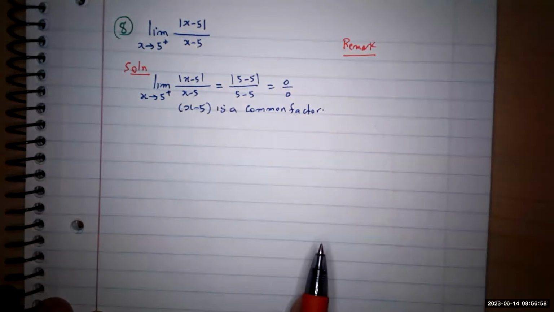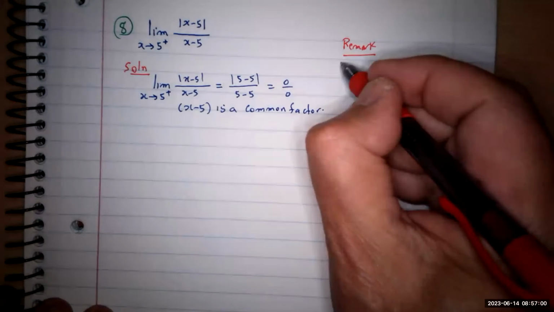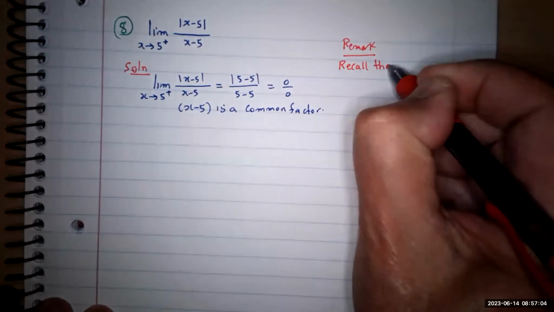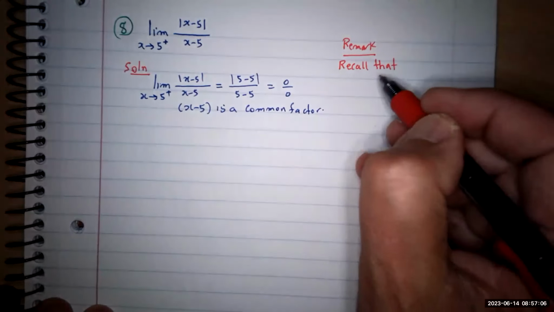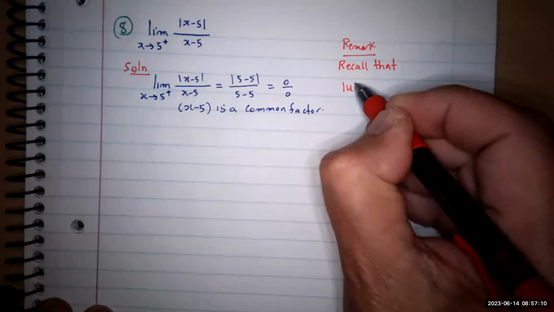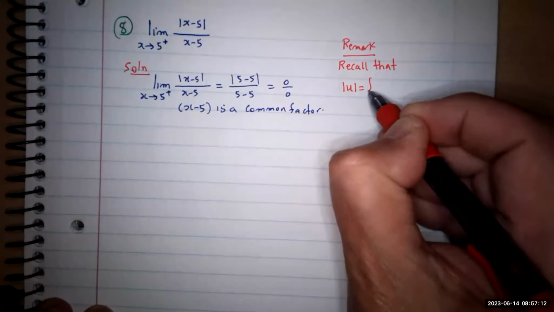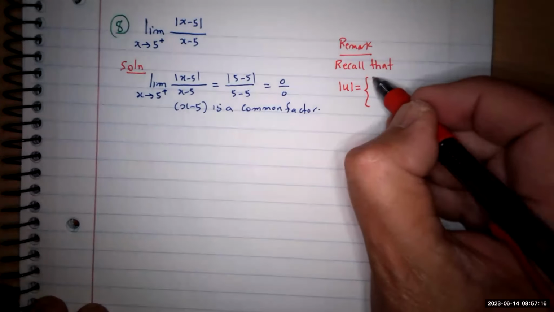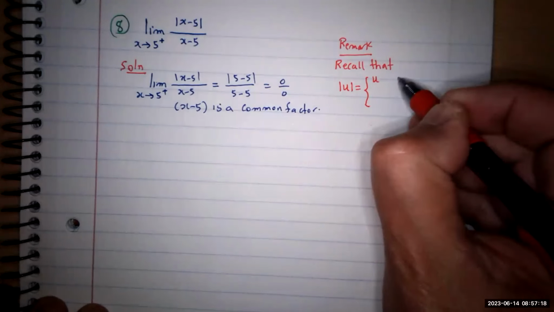The remark is, we just recall that if you have something like the absolute value of u, you know that if u is a positive number, you drop the absolute value. So this is the case when u is positive.